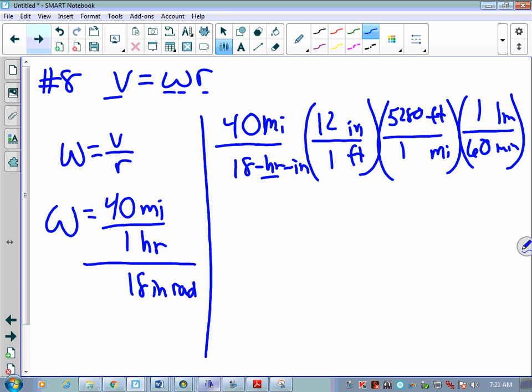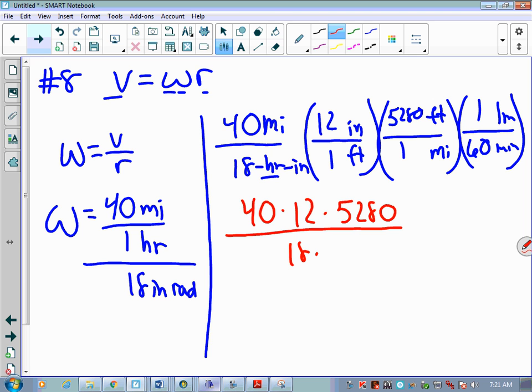So essentially down here we have 40 times 12 times 5,280 divided by 18 times 60. I don't think there's anything else there. That's what's going to give us our radians per minute.